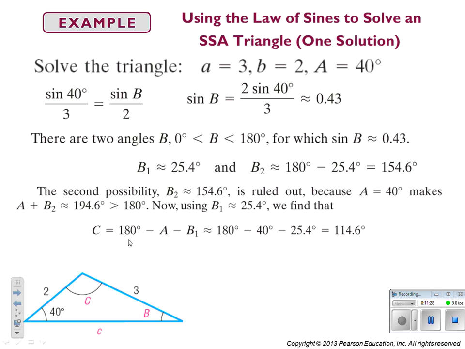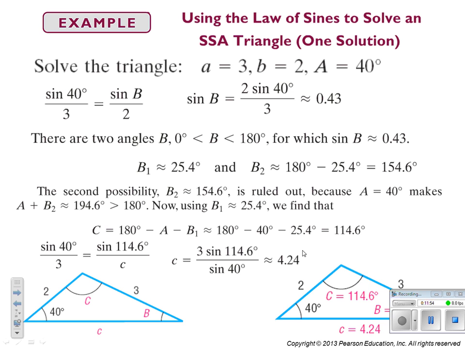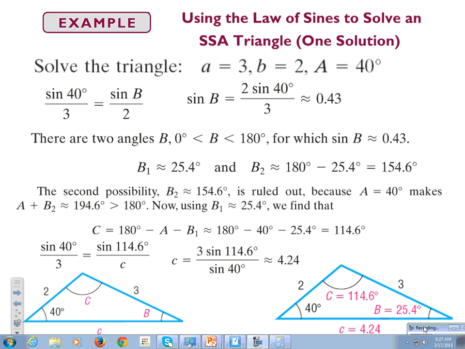So we find angle C by going 180 minus 40 minus 25.4, and we get angle C is 114.6. Then we use that and law of sines to find side c. So we cross multiply, we divide by sine 40, and we get 4.24. So this triangle is 114.6, 4.24, and 25.4.